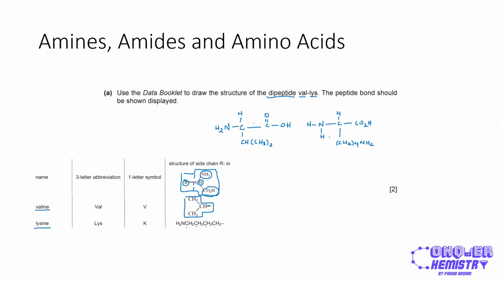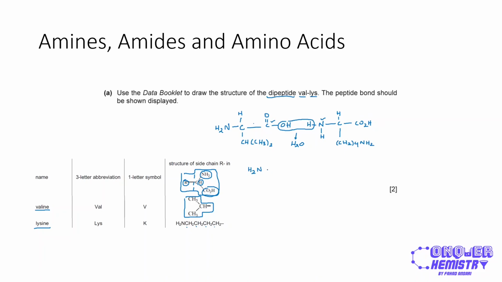Okay, so basically what happens is that the carboxylic acid group of one amino acid loses its OH, and an H is lost from the amine group of the other amino acid, and this is going to give us H2O. And these 2 atoms over here, the carbon and the nitrogen, will bond together, and that will give us an amide, right?